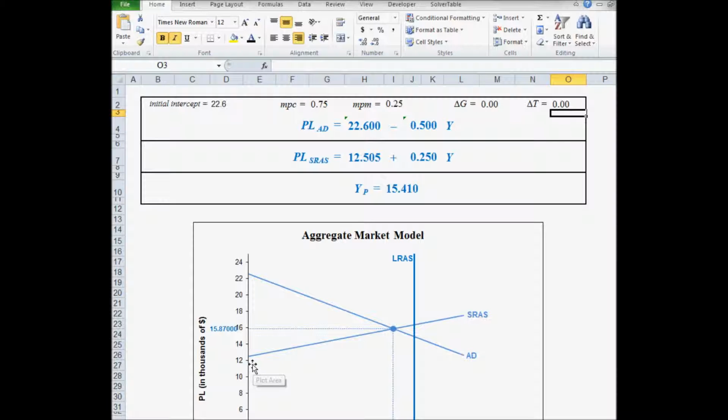So you can see down here in this diagram that short-run aggregate supply has a larger intercept than it had in Part A, and it is much flatter or more elastic than what it was in Part A. The equilibrium price level is 15.870.